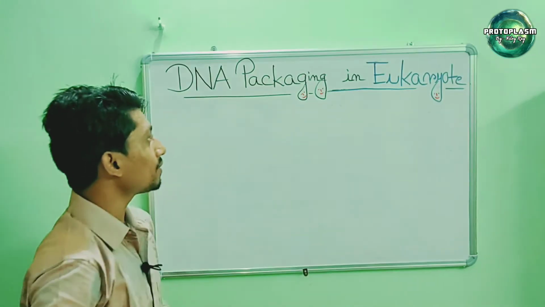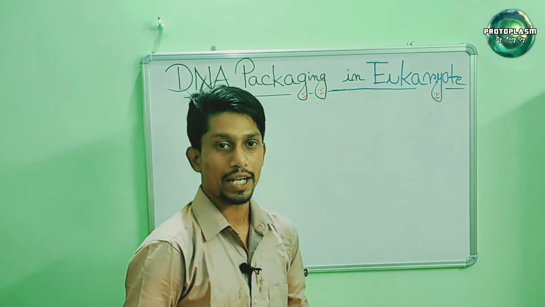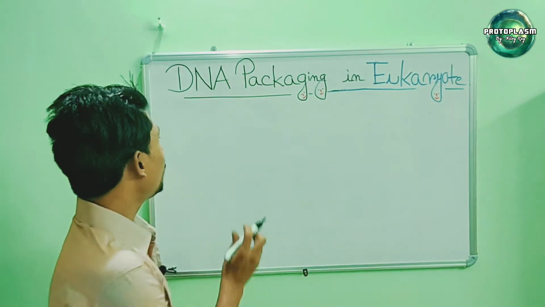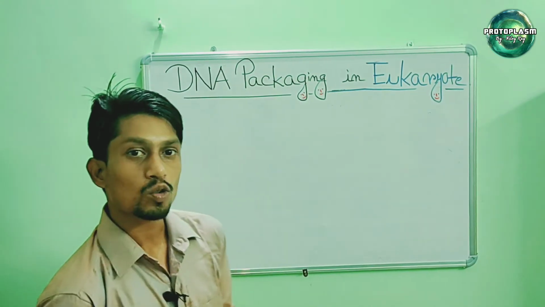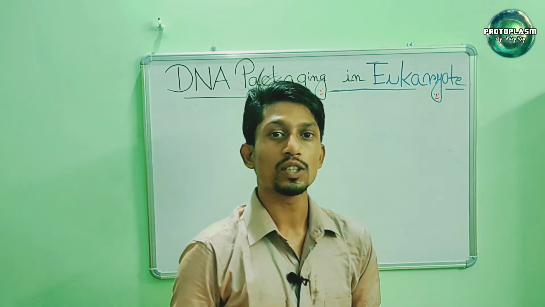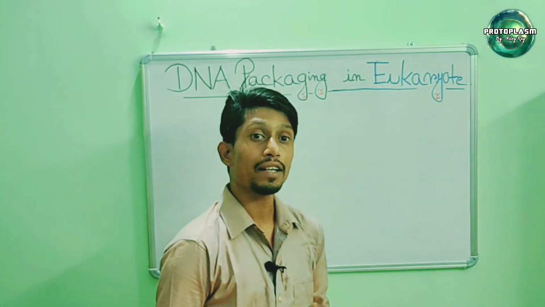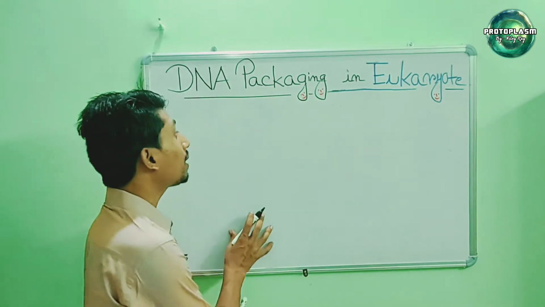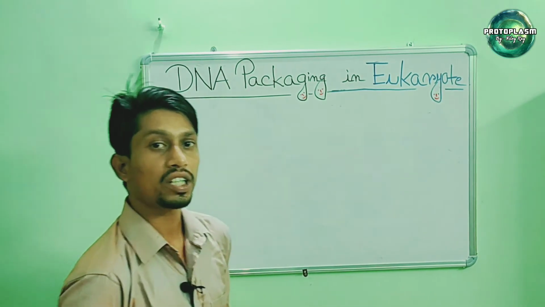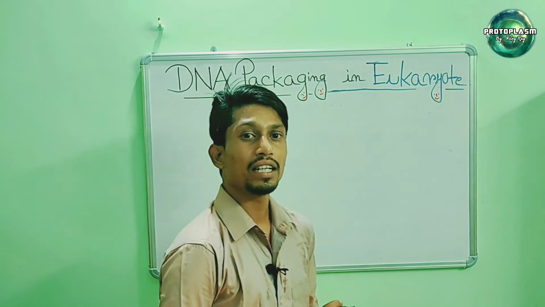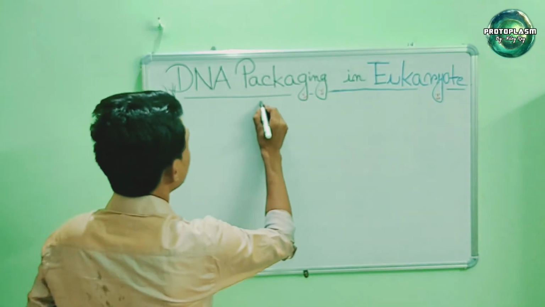Now remember, DNA packaging in eukaryotes starts with the interphase chromosome, which is not visible by the light microscope.